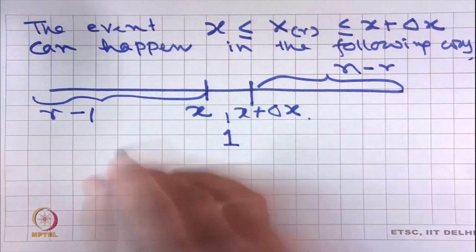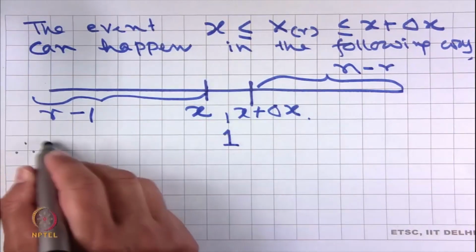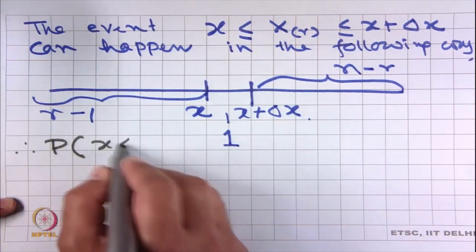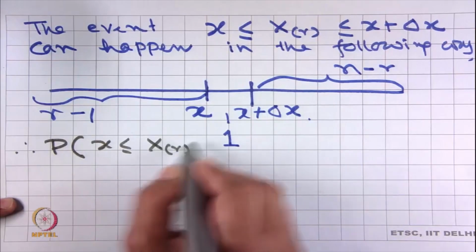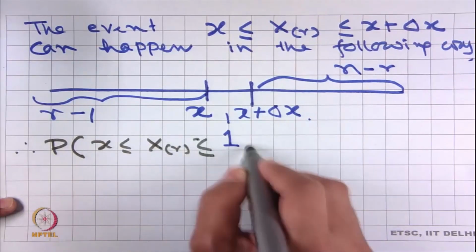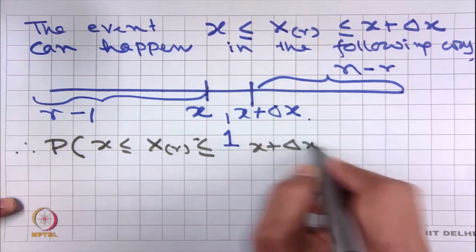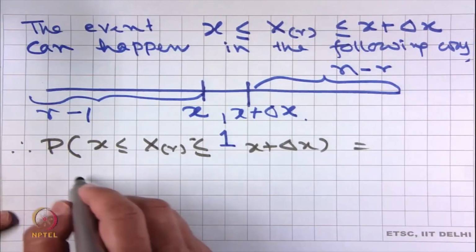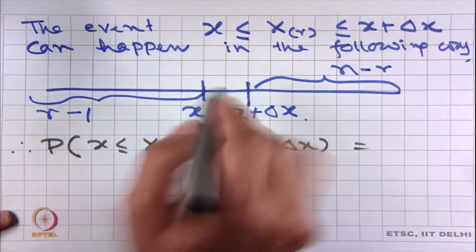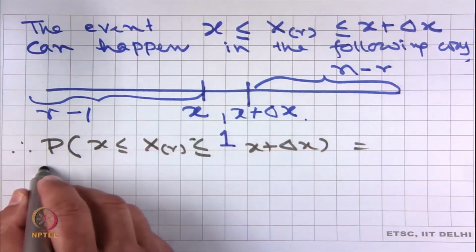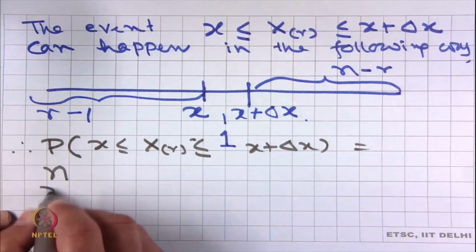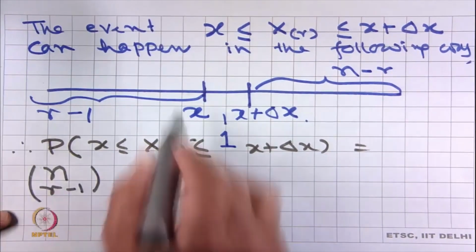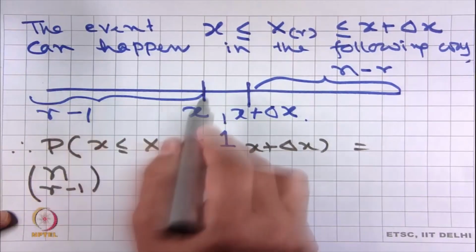How can that happen? What is the probability? Out of n, I am choosing r minus 1 of them and they are less than or equal to x.